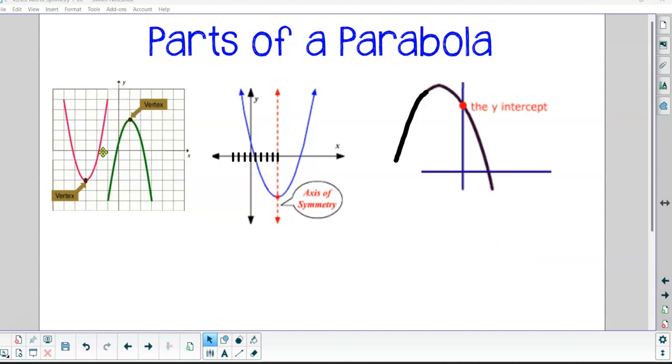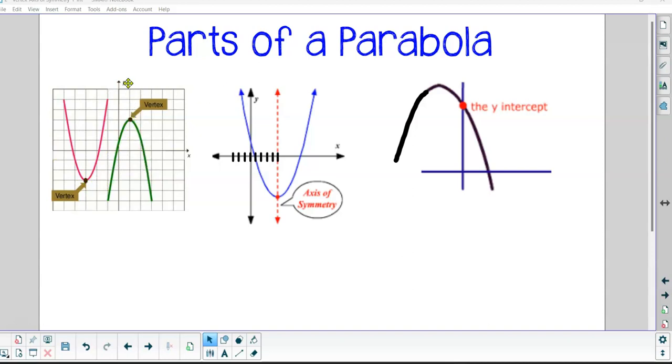One is the vertex, also known as the turning point, or the min or max. The vertex of a parabola is the point at which the parabola changes direction from either decreasing to increasing or from increasing to decreasing.